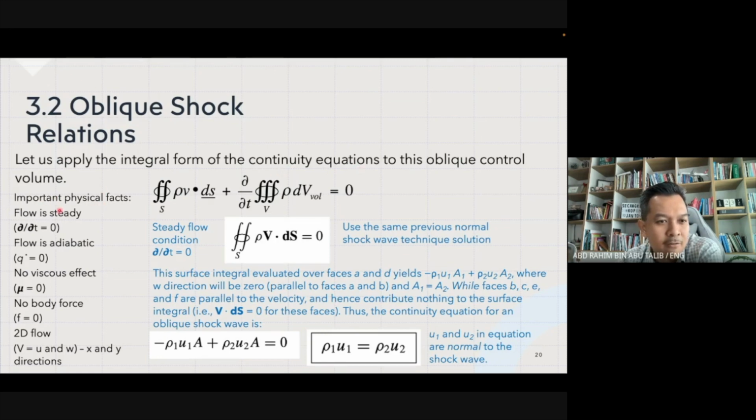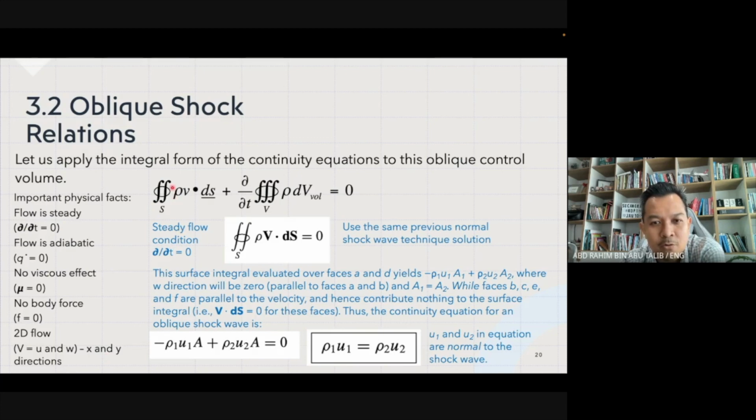The important facts are that the flow is steady, the flow is adiabatic, so Q dot equals 0, there is no viscous effect, so mu equals 0, no body force, so F equals 0, and it is a 2D flow where V has components U and W in the directions of X and Y.